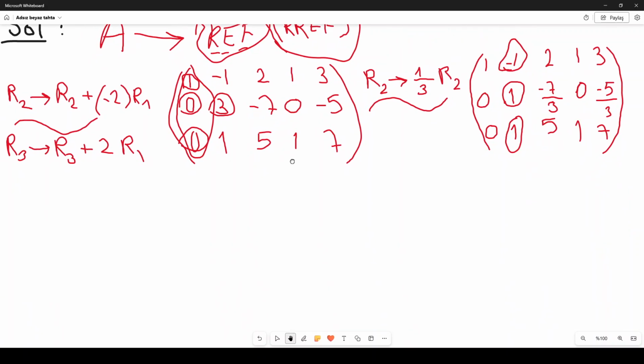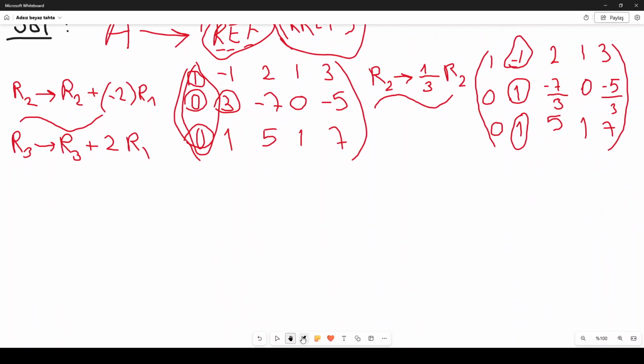And then how can I do that? Again, I continue to perform elementary row operations, and now I need to replace row 1 by row 1 plus row 2. That's sufficient for us.